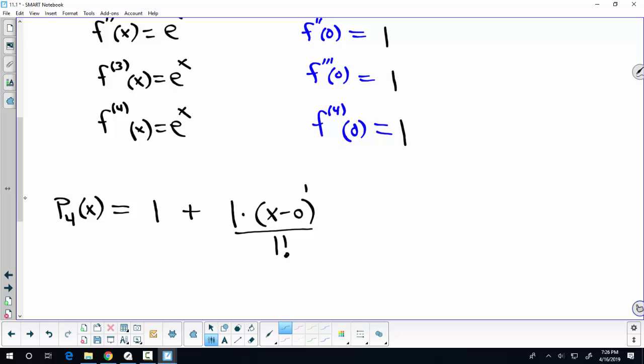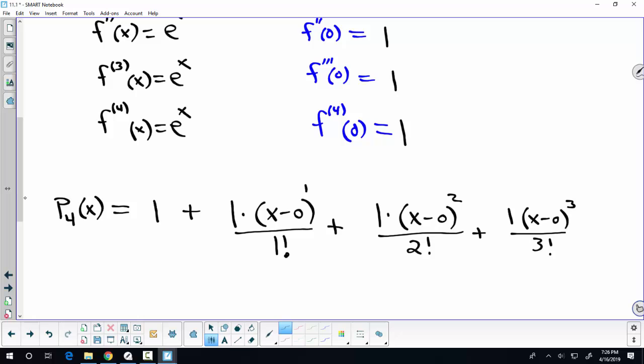Okay, we move on to the second derivative, evaluated at 0 is 1 times x minus a squared all over 2 factorial. Third derivative at a times x minus a to the third over 3 factorial.